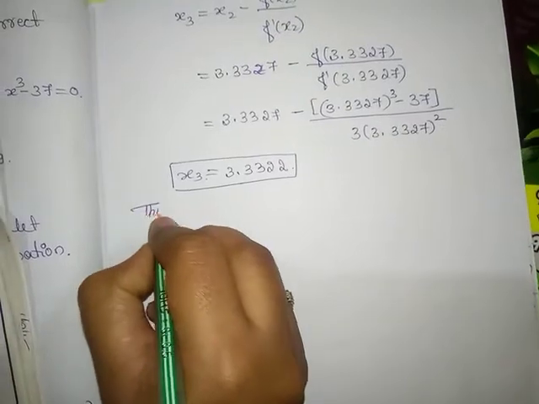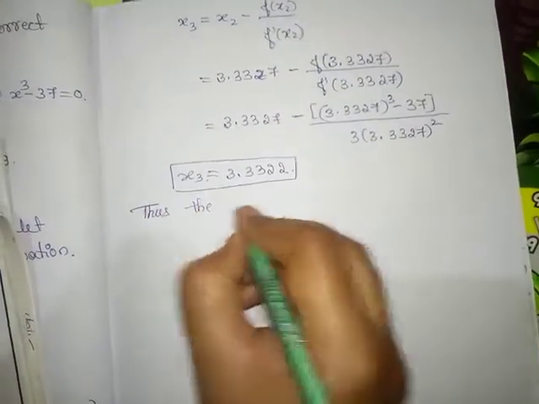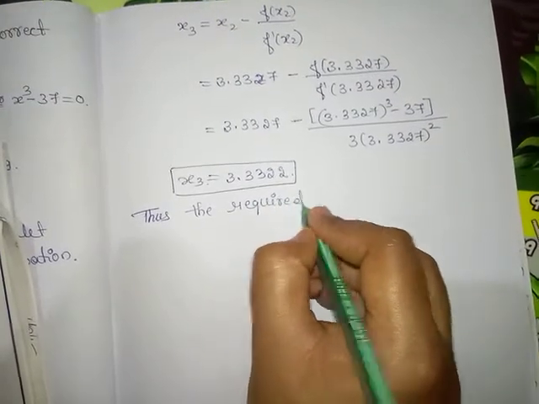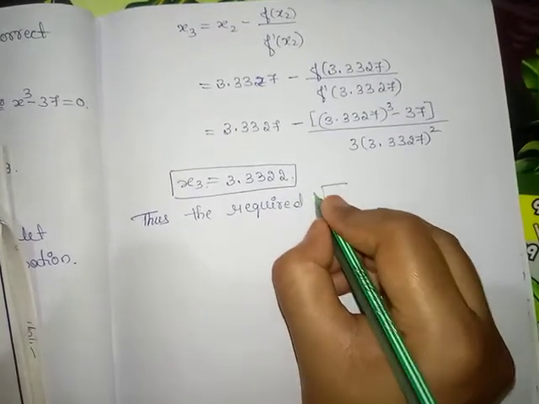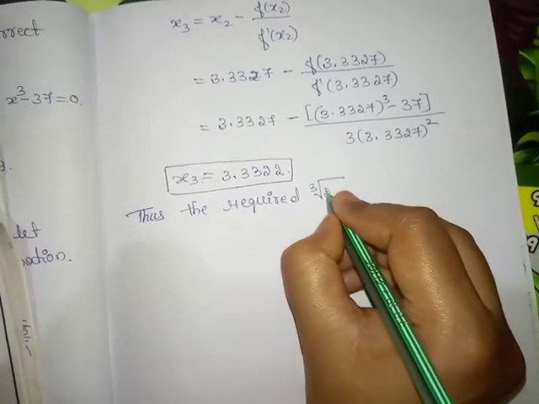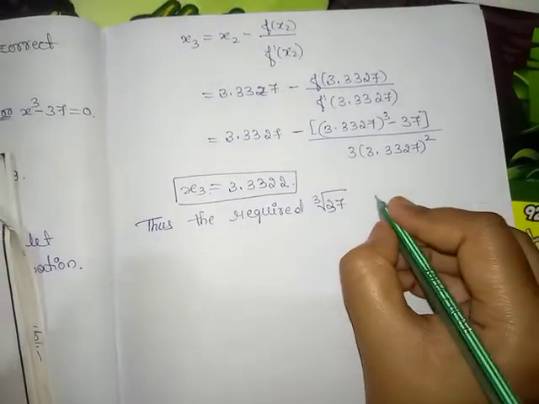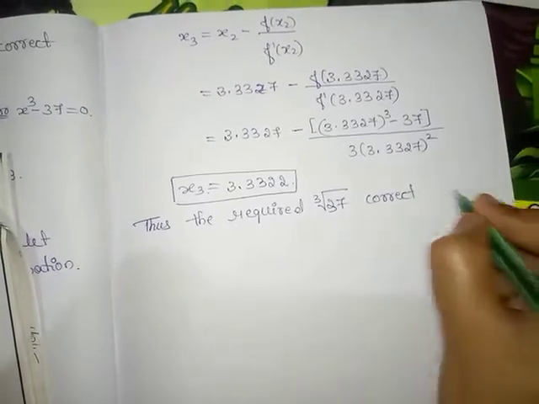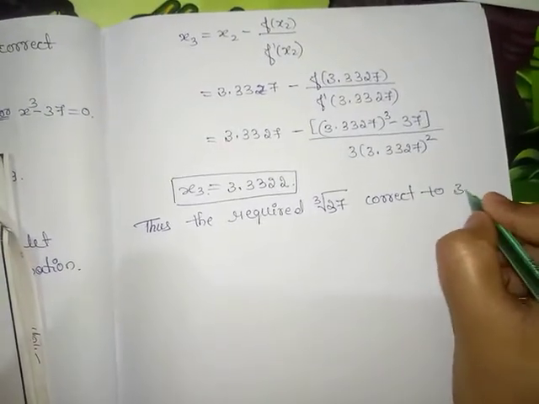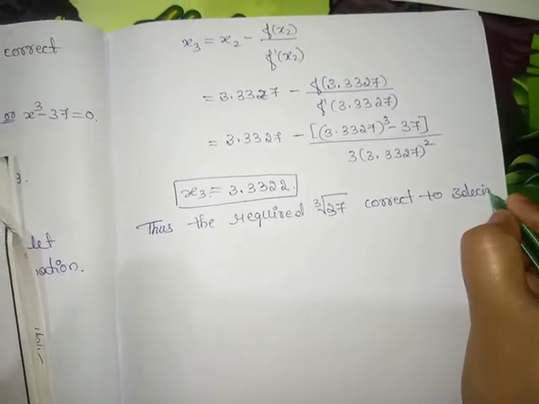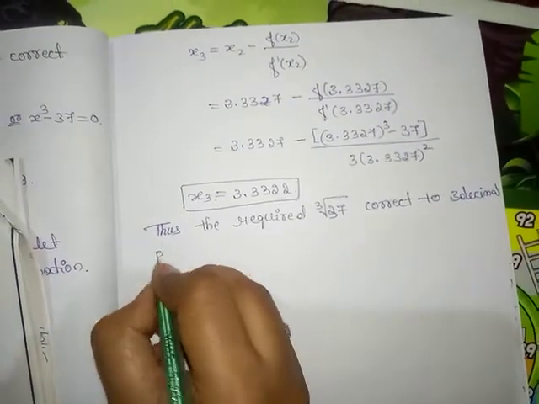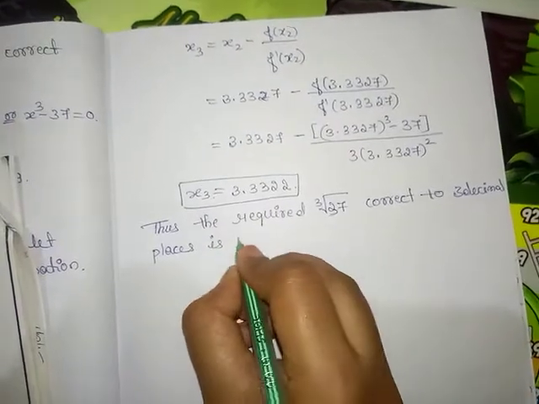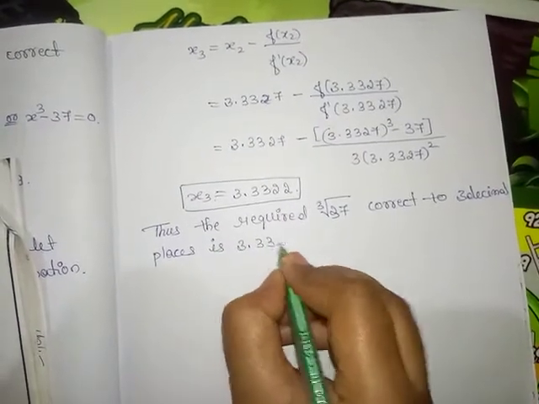Thus the required cube root of 37 correct to 3 decimal places is 3.332.